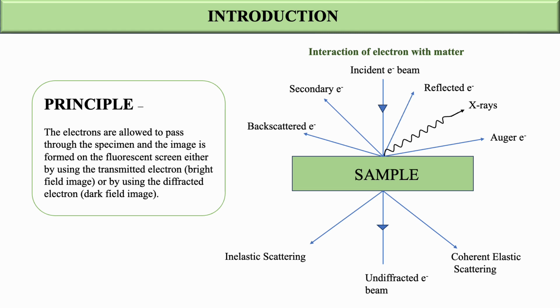Also, there is a possibility of generating Auger electrons after secondary processes. But an electron can simply pass through the sample undiffracted, or it can get scattered away elastically or inelastically. So the idea here is to utilize these transmitted electrons, undiffracted or scattered, in order to obtain the image of the sample.